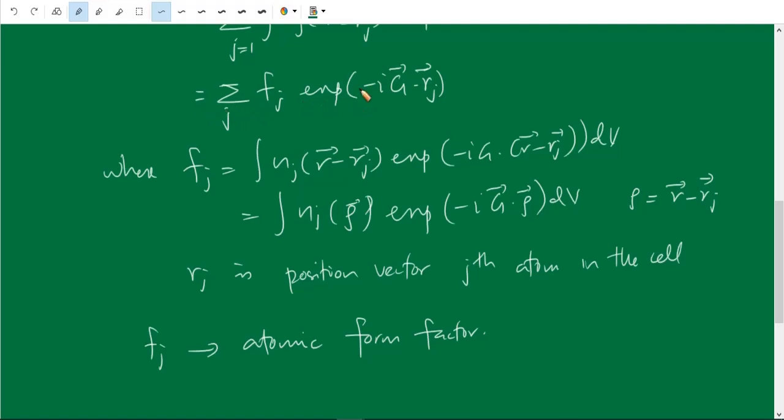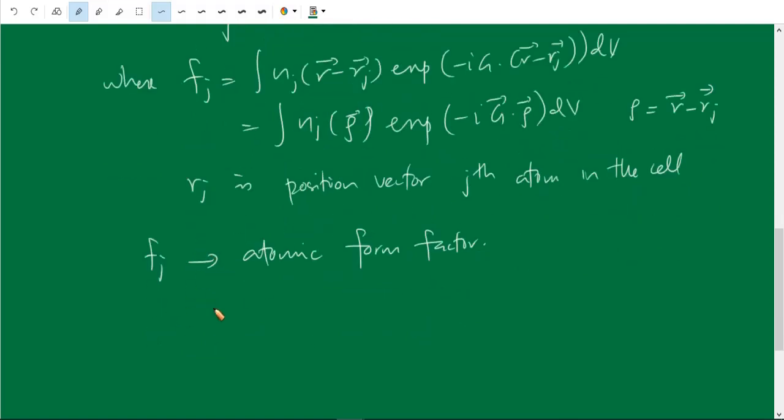So we can write that the structure factor due to a cell is equal to the sum over Fj exponential i g dot rj, where rj is the position of the atom from the origin.